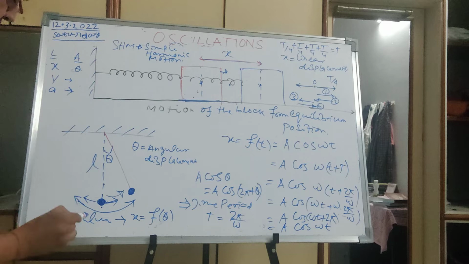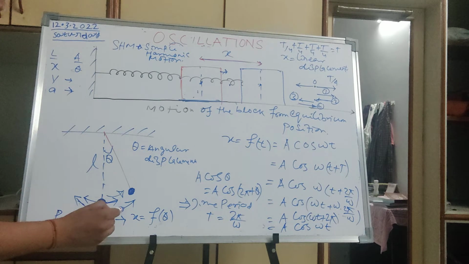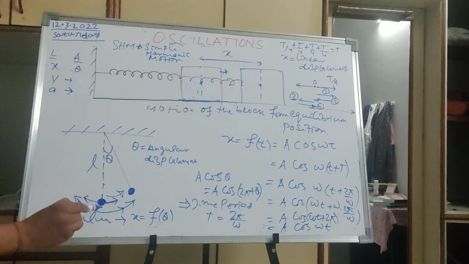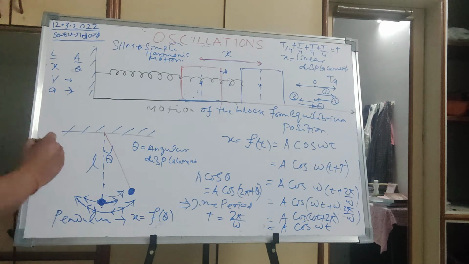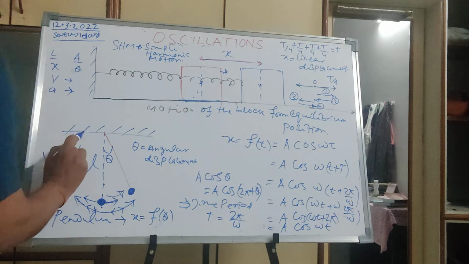From the mean position, it will keep on oscillating. It will go like this, come back like this, then go like this, then come back to 0. Then it will overshoot and go. So the motion will be like this.